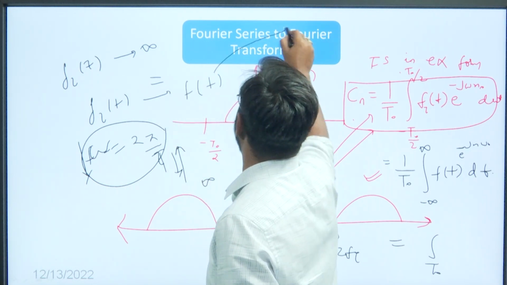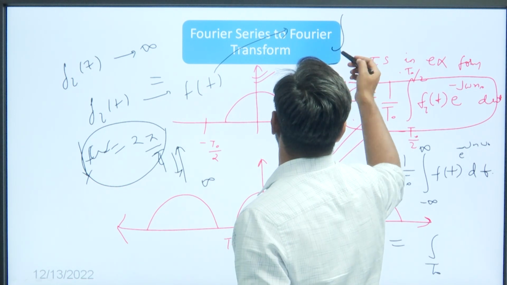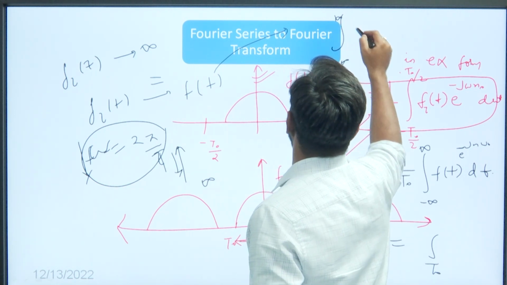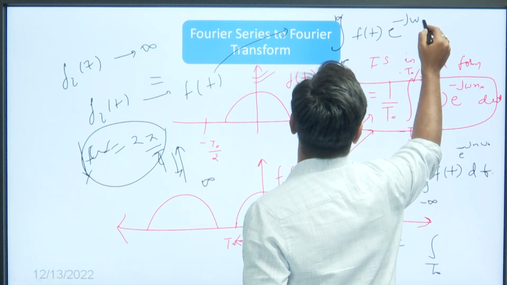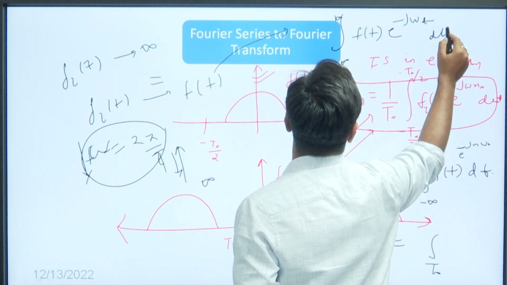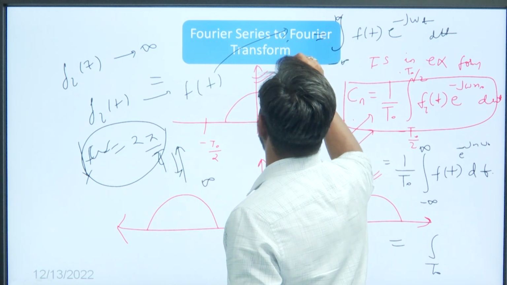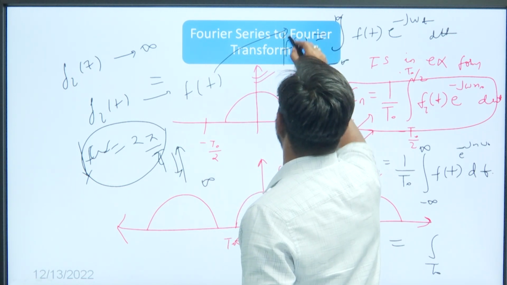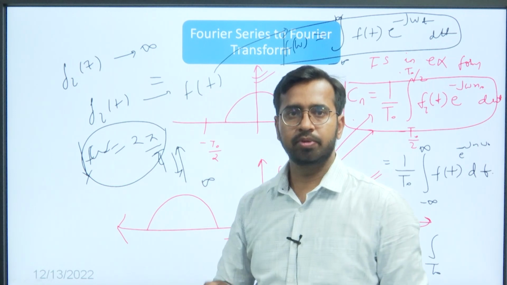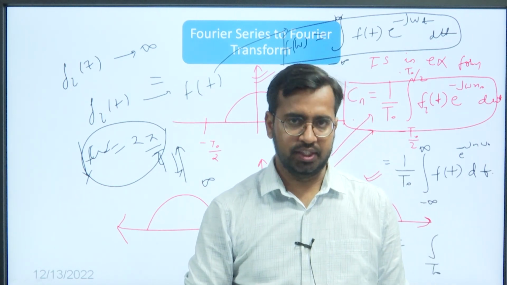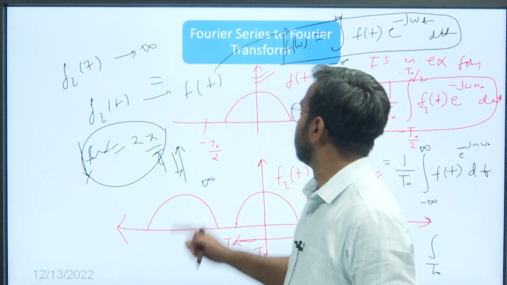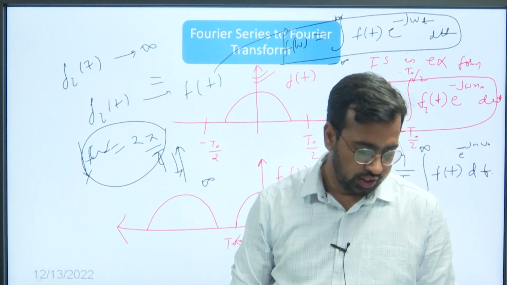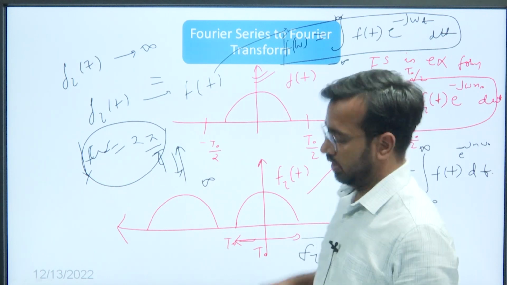Both combined can be written as the integration from minus infinity to infinity of f(t) e to the power minus j omega t dt. This is basically what we call Fourier transform. This is what Fourier transform means, okay. This function F(j omega) is equal to the integral of f(t) e to the power minus j omega t dt, okay.